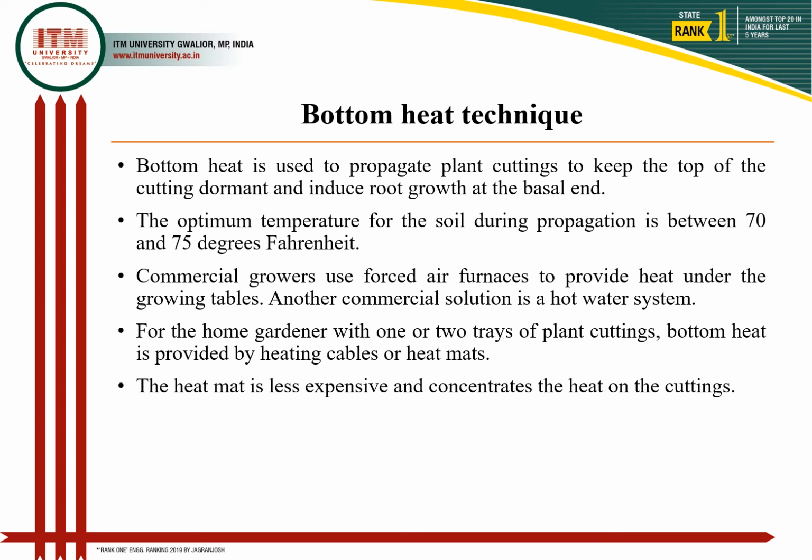Home gardeners can go for the bottom heat approach through heating mats, which have a heater-like structure, or they can use heating cables. Such things are less expensive, and they concentrate heat on the cutting, and thereby it will always be beneficial to induce rooting in the cuttings.